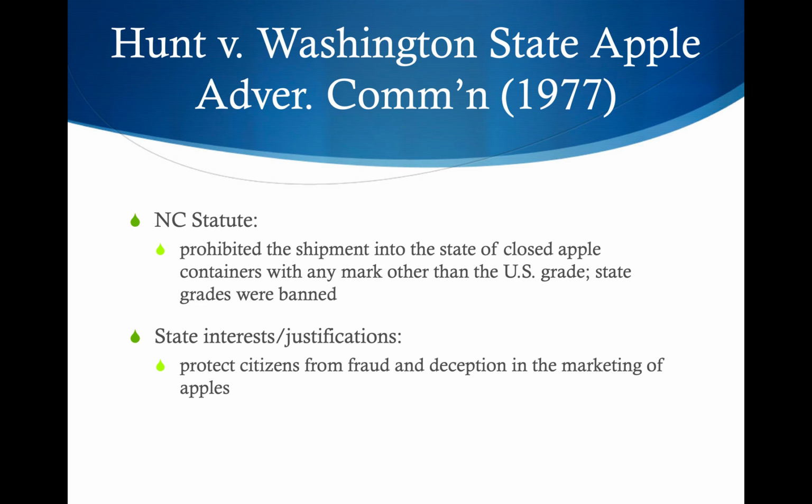They might buy a grade A apple at one time that happened to be from a particular state that didn't have great apples, and then they buy it at another time, and it turns out to be completely different quality apples, although they're both labeled the same grade. So this is a foodstuffs consumer marketing type statute that you would expect to ordinarily fall within the police powers of a state to pass.